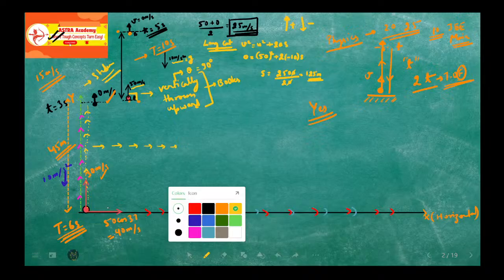That is the role of the horizontal component.